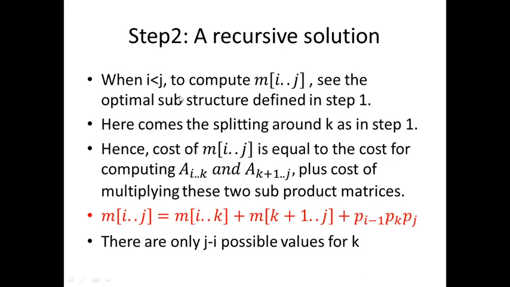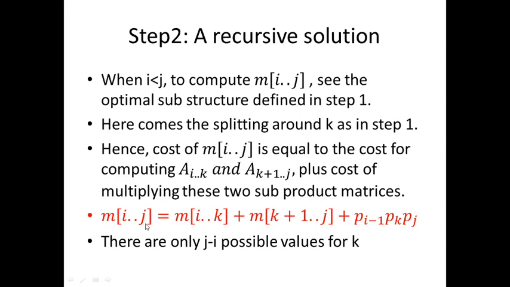And when i is less than j, some sort of dividing or splitting concept will come. When i is less than j, the cost of multiplying the matrices Ai to Aj will be, if you found two optimal subproducts at splitting value k, then you have to compute the matrix product from Ai to Ak, then the matrix product from Ak plus 1 to Aj, then finally multiply these two products, and you are getting the answer for m[i, j].